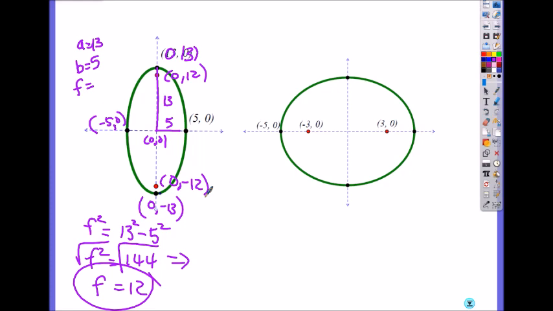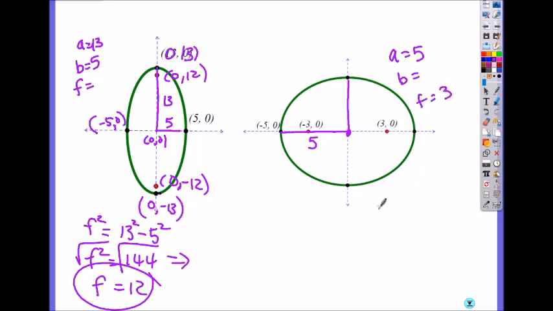What about here? They gave us A, 5, right? Along the longer axis. And B is missing. What's F, the distance from the center to the focus? 3. So F is 3.